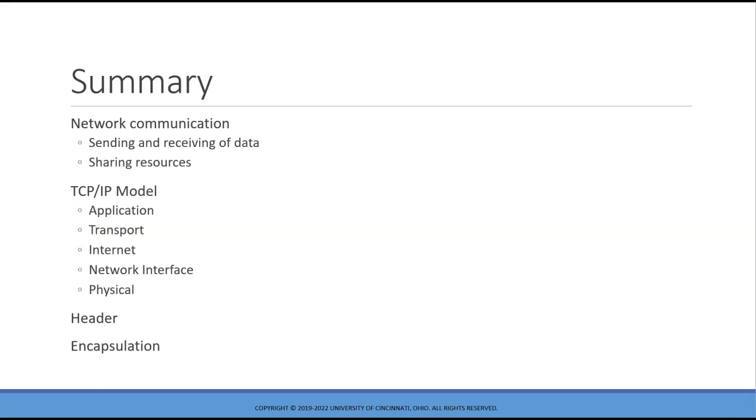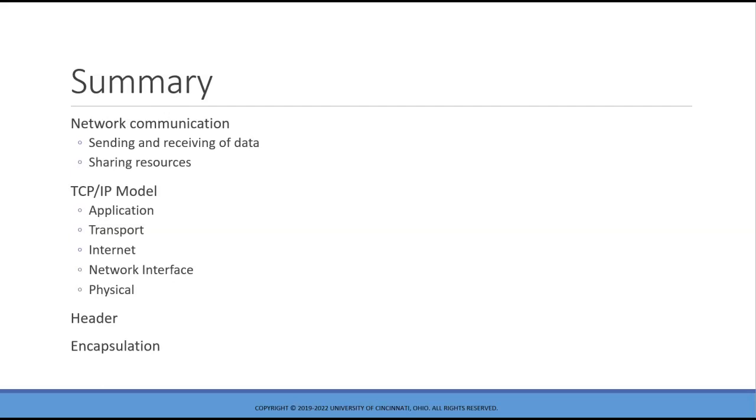Some applications that sit at this layer are HTTP, HTML, URL, DNS, SMTP, IMAP, POP3, and FTP. The transport layer allows applications to communicate using port numbers. The internet layer routes the packets through the internet using IP addressing. The network interface layer uses MAC addresses to provide connection between devices on the same network.